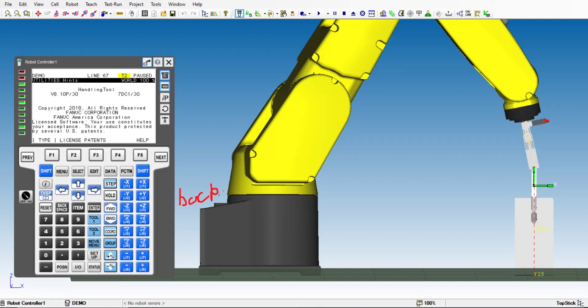When you try to use the right hand rule, you need to know where the back side of your robot is. Here's the back side, and then you know this is the positive X direction, right?